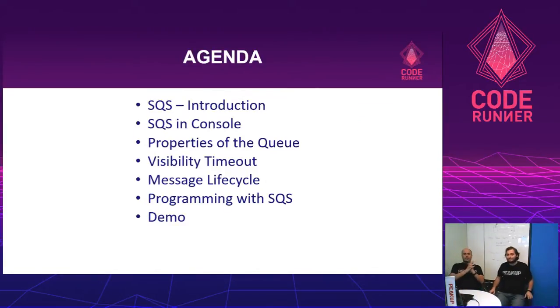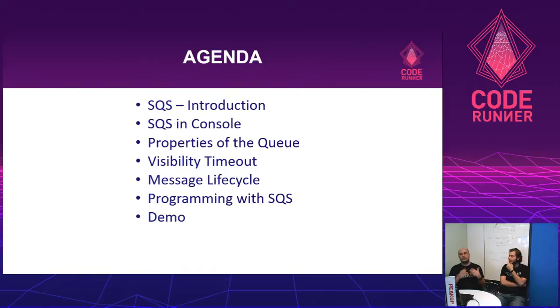Today's agenda is the introduction of Simple Queue Service, and after that we're going to show you Simple Queue Service in the AWS console: how to create a queue, how to list, how to configure, and add permissions in the AWS console in your browser.